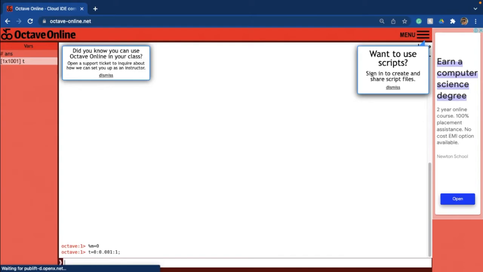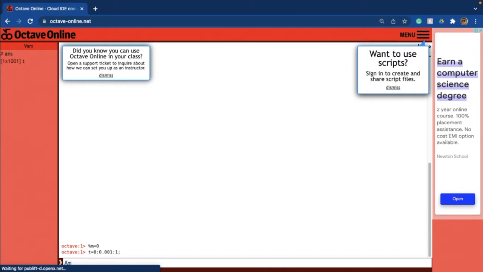This means I'm going to plot the graph from 0 to 1 second with intervals of 0.001. So I will have 1000 outputs between 0 to 1 seconds. You can vary the 0.001 to 0.0001 or 0.01 depending on how many intervals you want in your outputs.